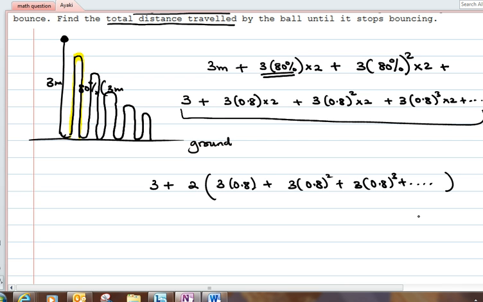So we have a situation where we can find the sum to infinity of that.